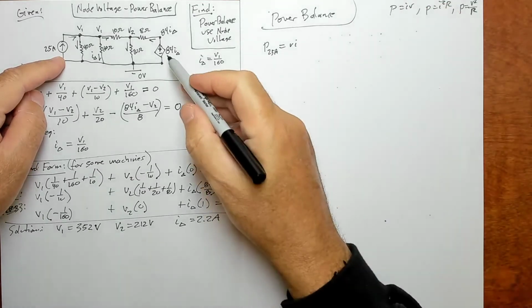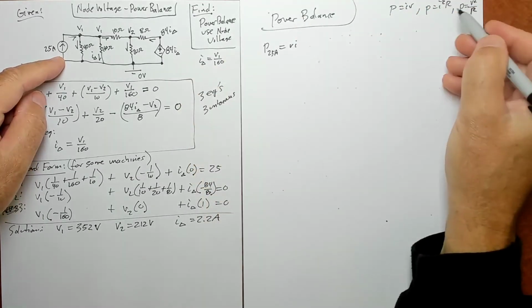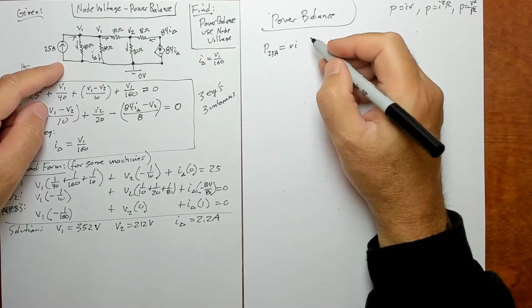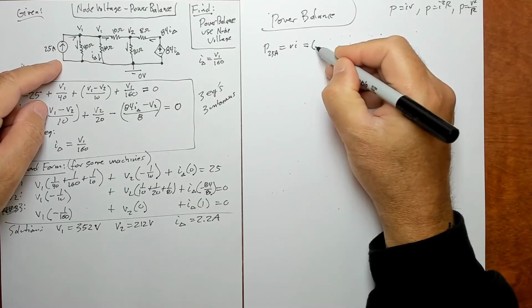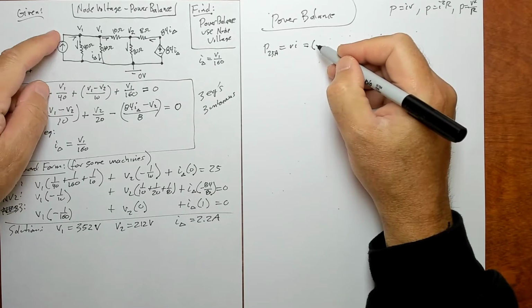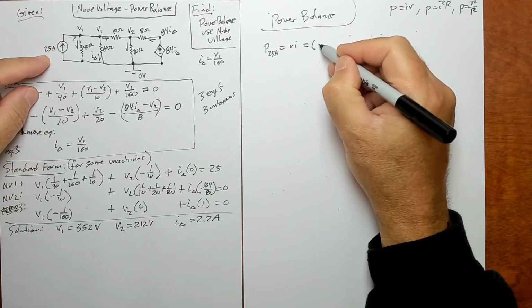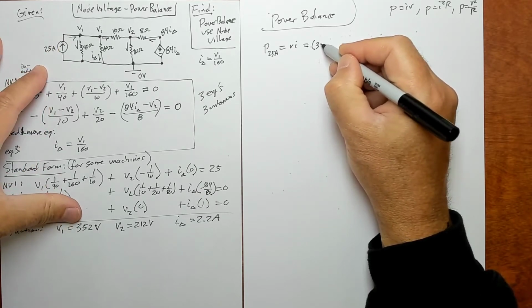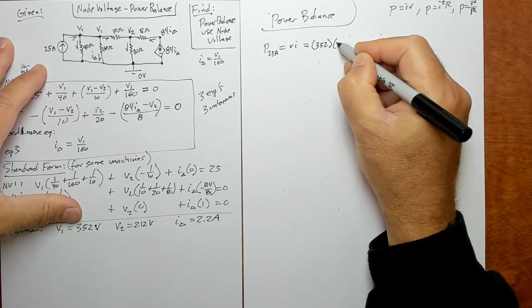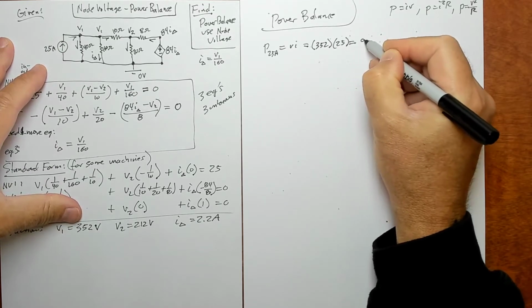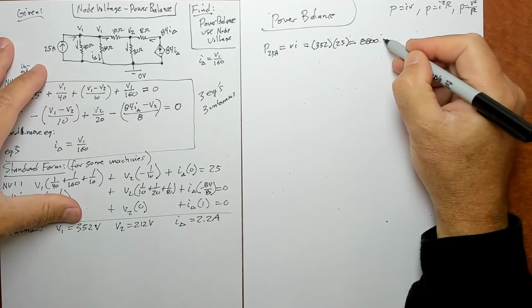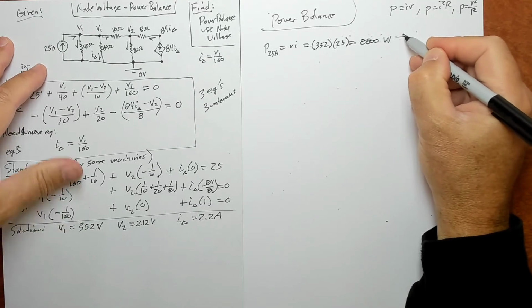For those kinds of devices you have to use VI. It's the only one that'll work because there's no resistor. So V is V1. The voltage across this 25 amp source is V1, which is 352. So it's 352 times 25. So this ends up being 8,800 watts in the current direction.